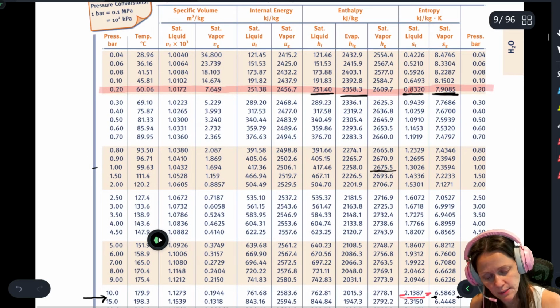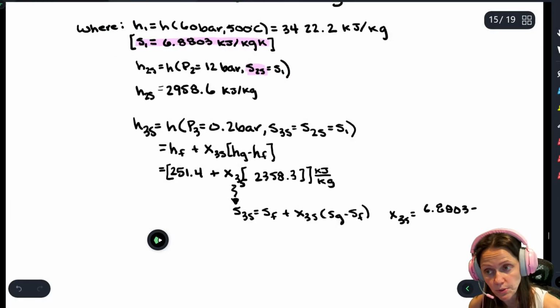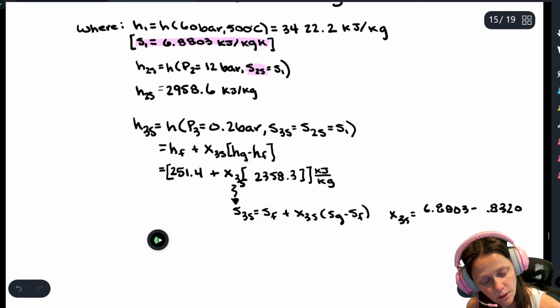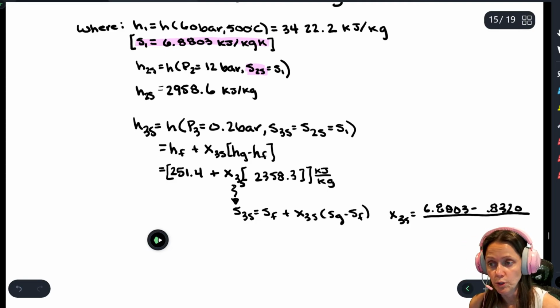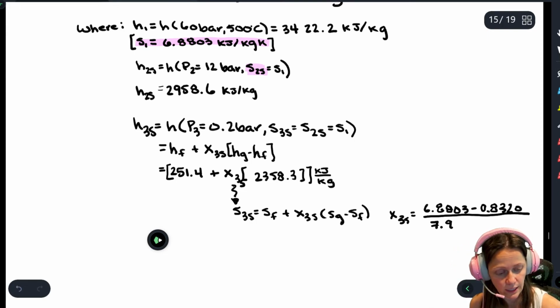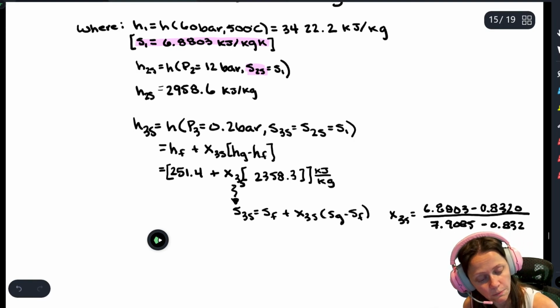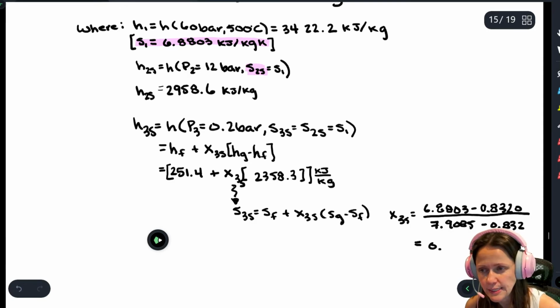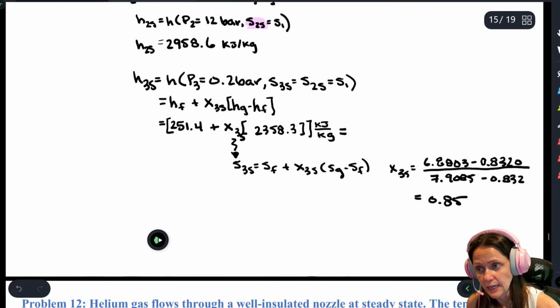There's our S sub G, 7.9085, minus 0.832. And I get a quality of 0.85 and change. And so if I plug that in, I've got an H3S value of 2267.04 kilojoules per kilogram.